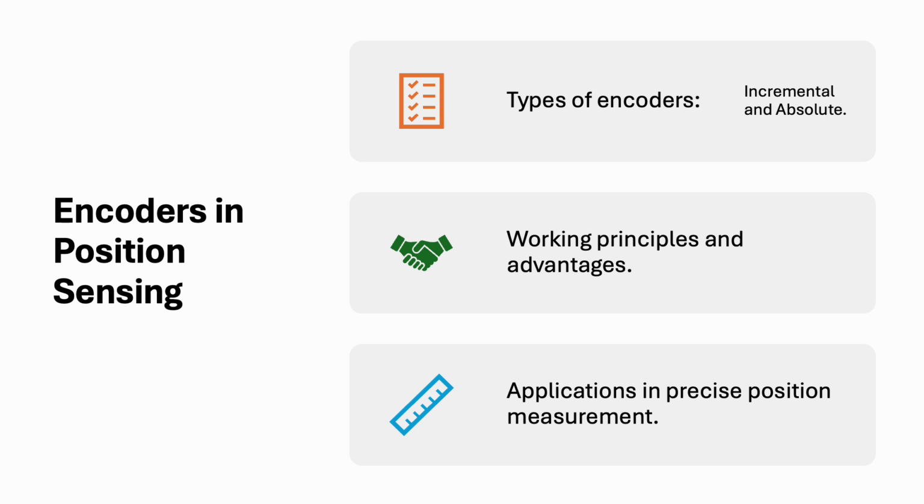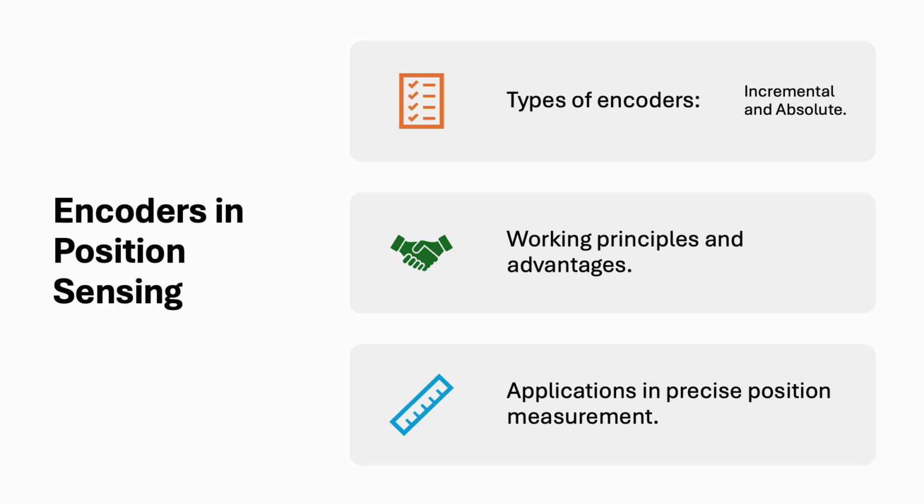The applications of encoders in precise motion measurement are vast and varied within the laboratory. In the microsurgery setup, absolute encoders are used to ensure that the robotic arm can make incisions and manipulations with sub-millimeter accuracy, critical for patient safety and successful outcomes.